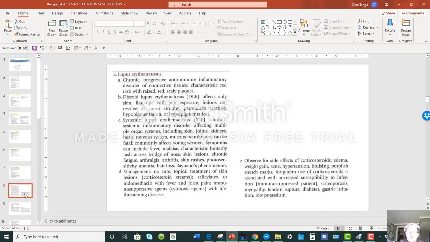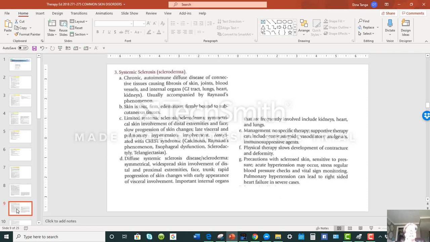Observe for side effects of corticosteroids, which are edema, weight gain, acne, hypertension, bruising, and stretch marks. Long-term use of corticosteroids is associated with increased susceptibility to infection in immune-suppressed patients, osteoporosis, myopathy, tendon rupture, diabetes, gastric irritation, and low potassium.